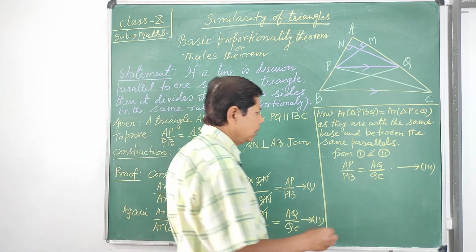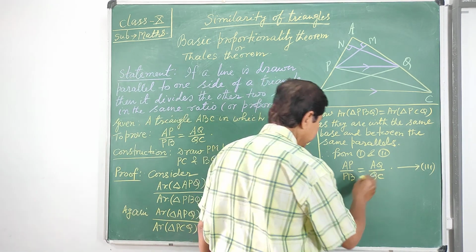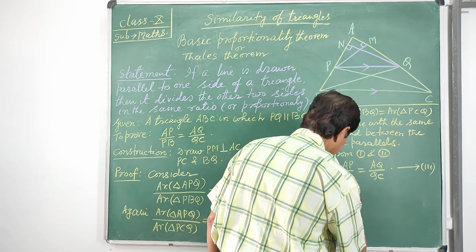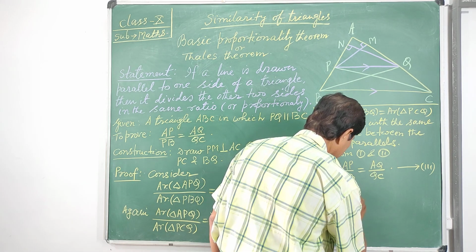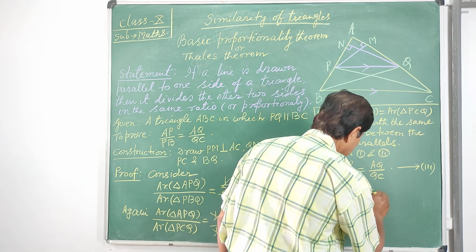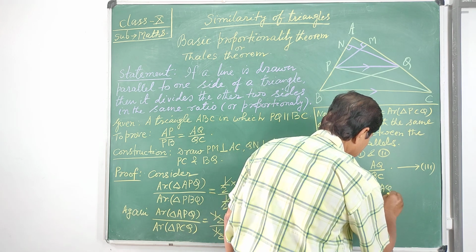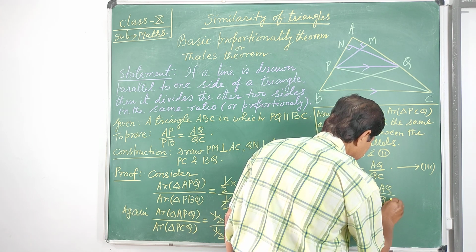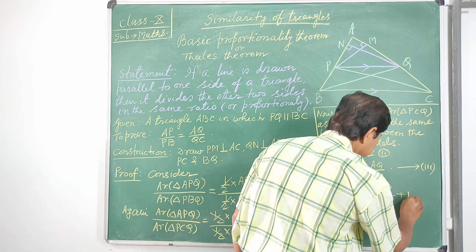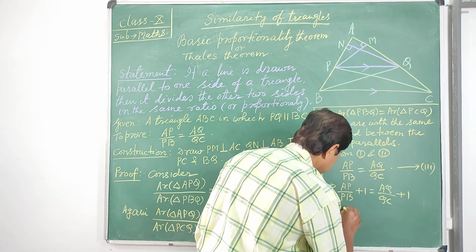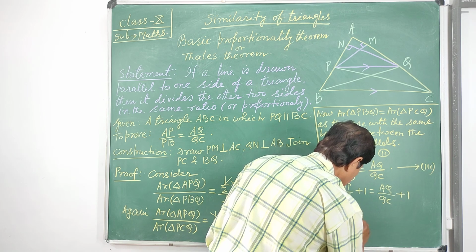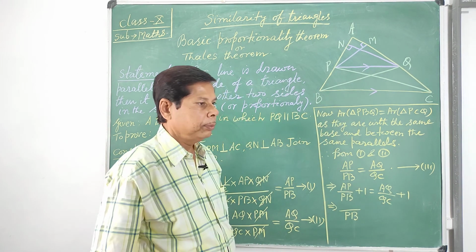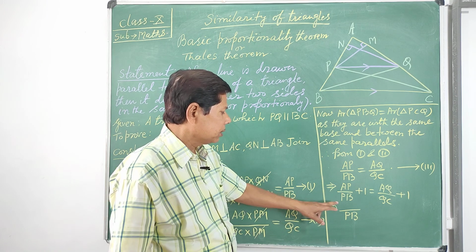The second one is obtained by just adding 1 on both the sides. So AP by PB plus 1 equal to AQ by QC plus 1. If you add, PB is the base, so take PB as the LCM on the left hand side.